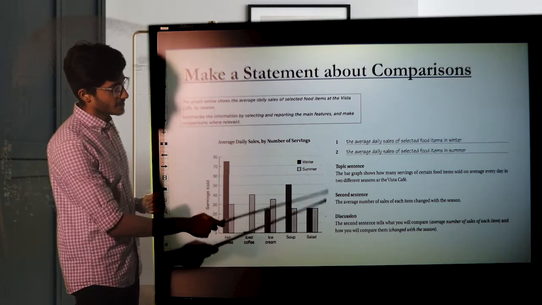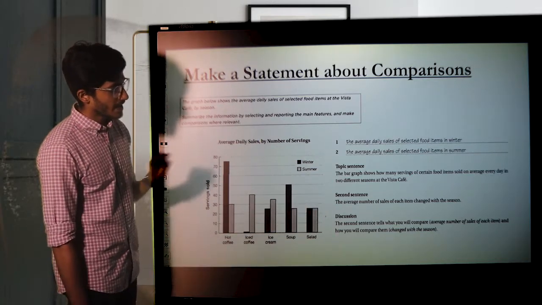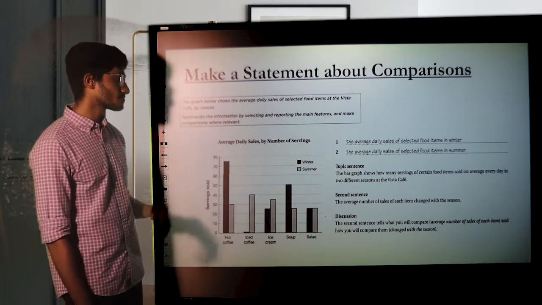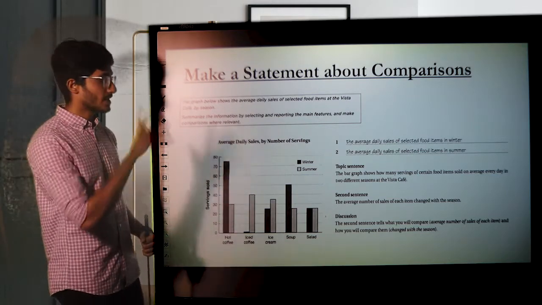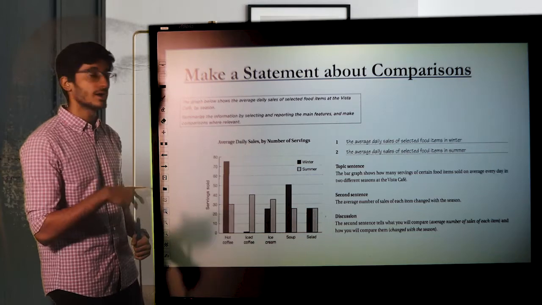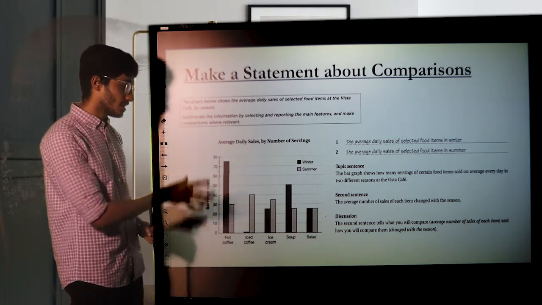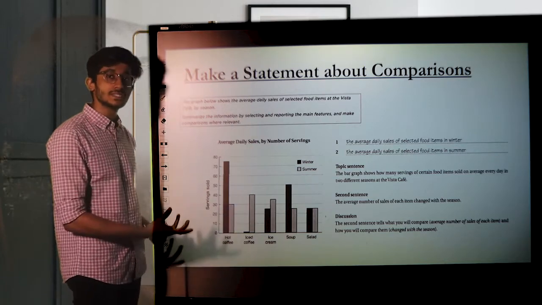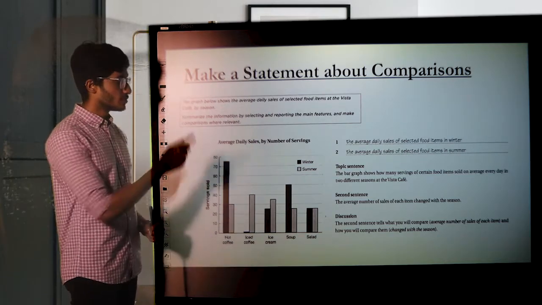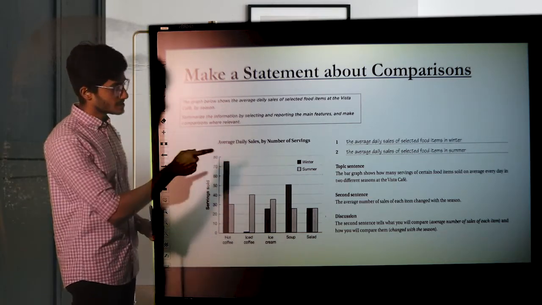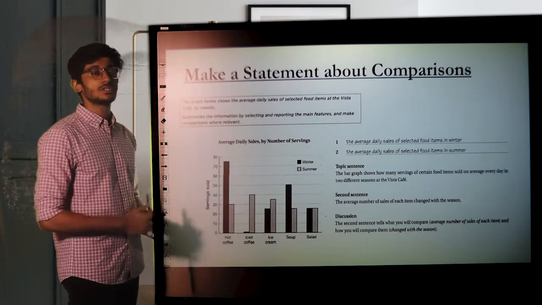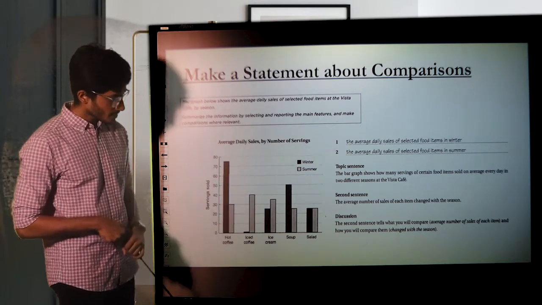The average number of sales of each item changed with the season. Here, it directly tells you what you are comparing in this graph. You are comparing the average number of sales of each food item for different seasons, which are winter and summer. So this simple line tells you what your comparisons are about.